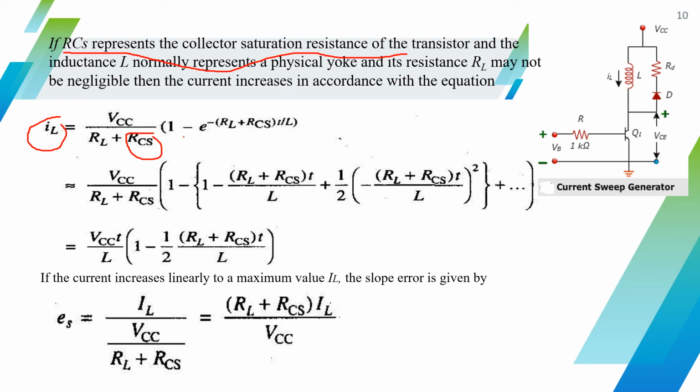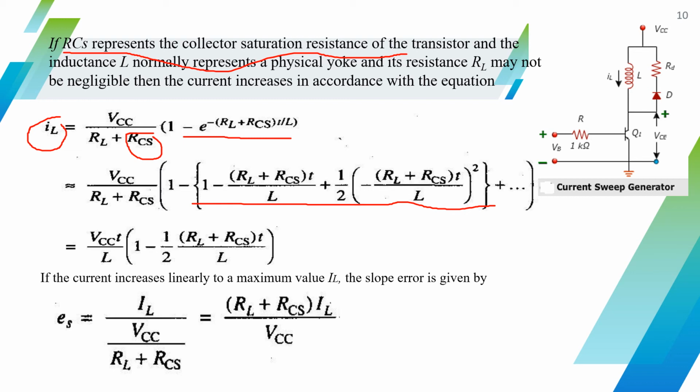If we expand the e power minus x value, you will get these terms. If you neglect higher order terms and consider only first order terms, we get VCC by (RL plus RCS) into (1 minus 1 gets cancelled, plus (RL plus RCS) into T by L).